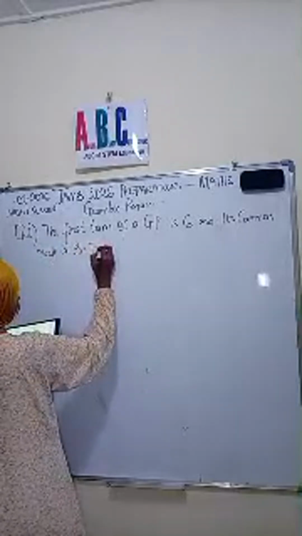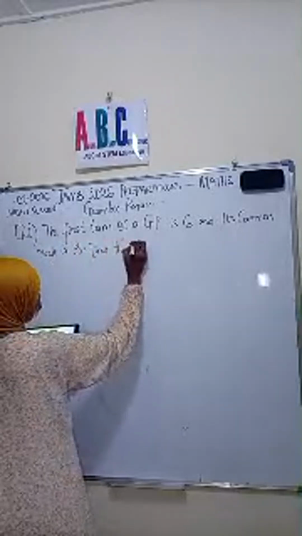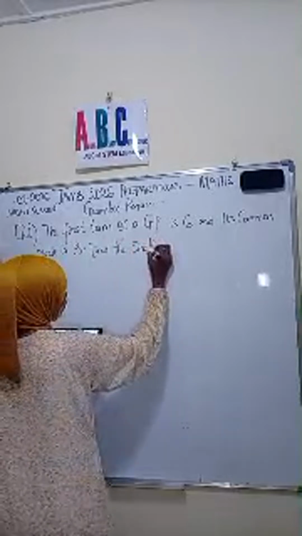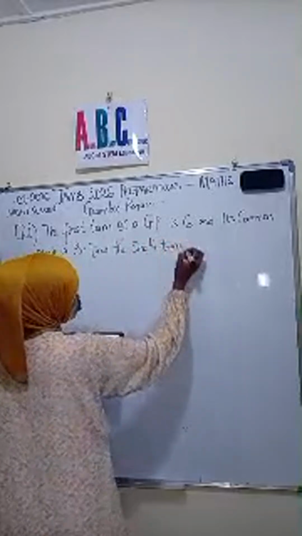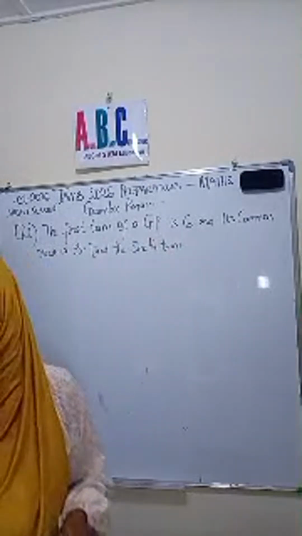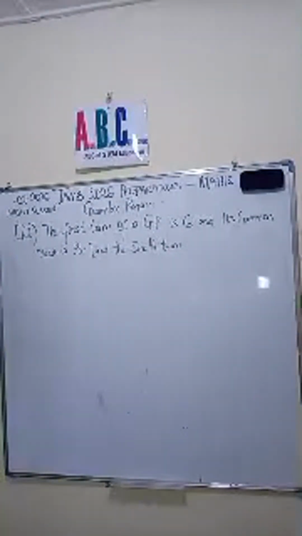Find the 6th term. Should I give options or is there no need?